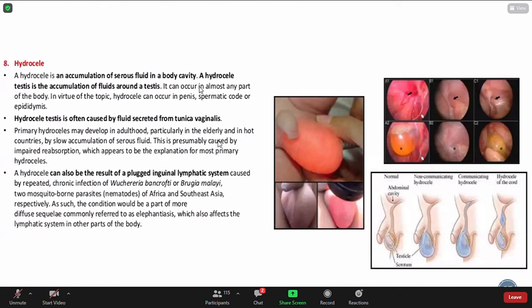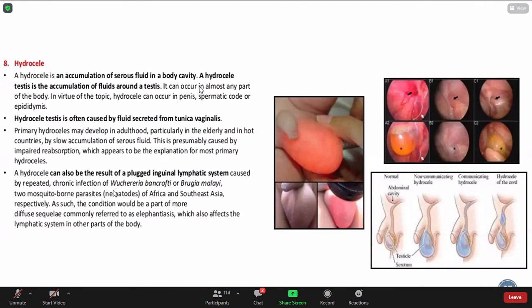So one cause of primary hydrocele is when it's hot. This is presumably caused by impaired reabsorption, which appears to be the explanation of most primary hydrocele. Hydrocele can also be a result of a plugged inguinal lymphatic system caused by repeated chronic infection.